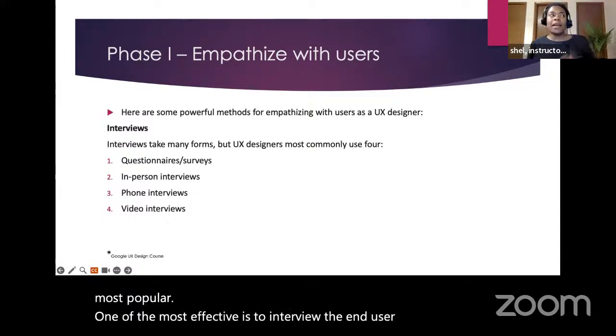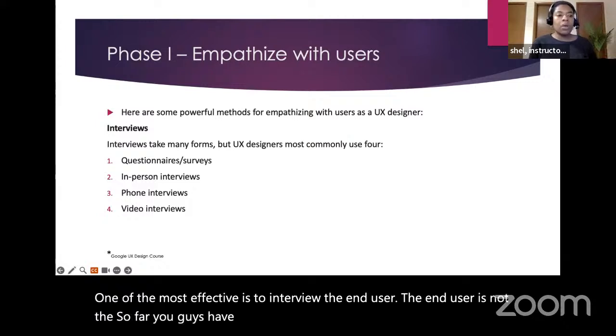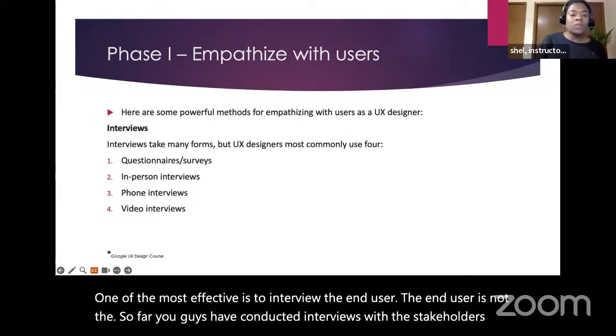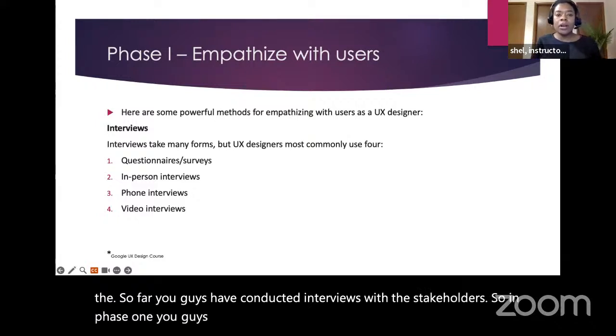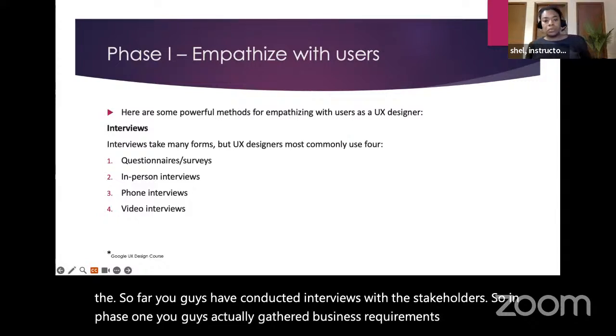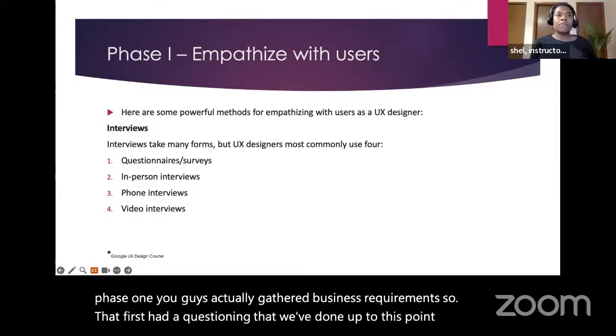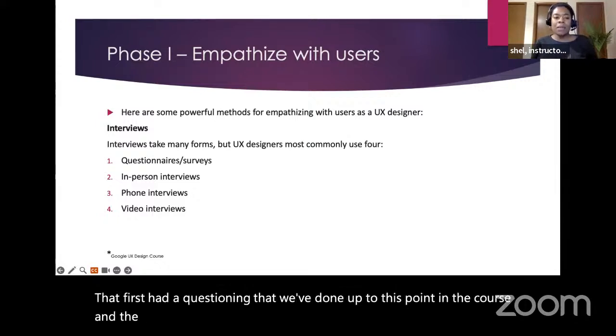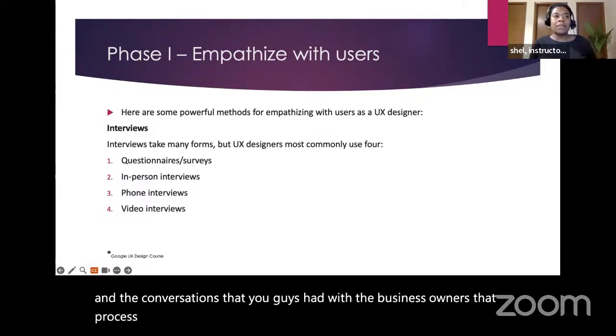So far, you have conducted interviews with the stakeholders. So in phase one, you actually gathered business requirements. That first set of questioning that we've done up to this point in the course, and the conversations you had with the business owners, was the process of gathering business requirements.